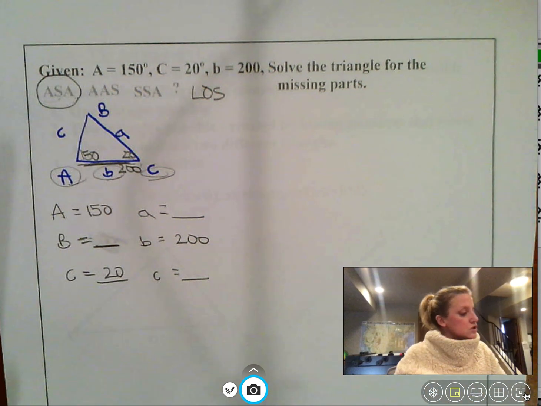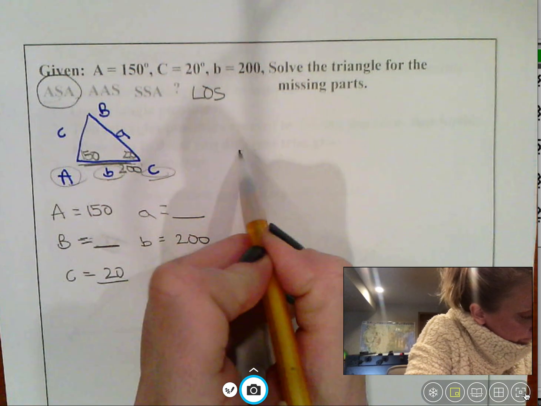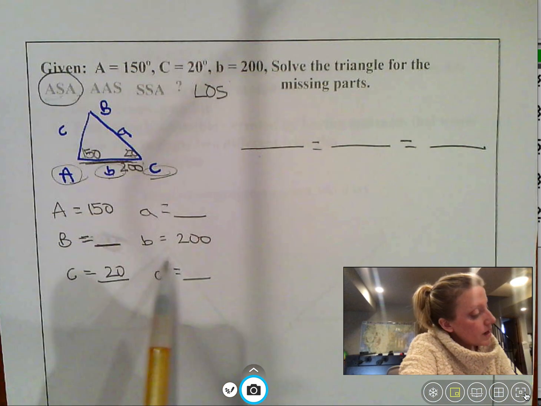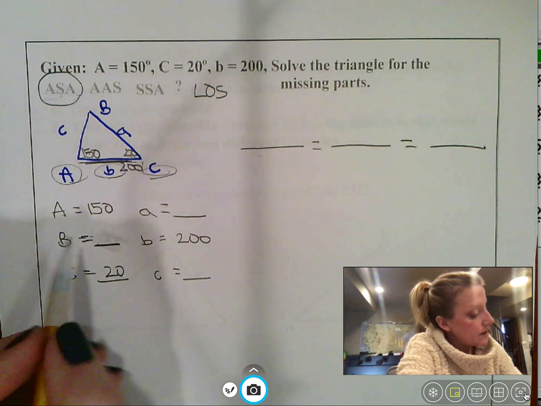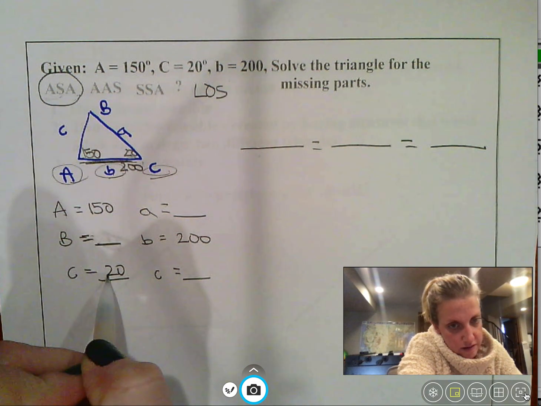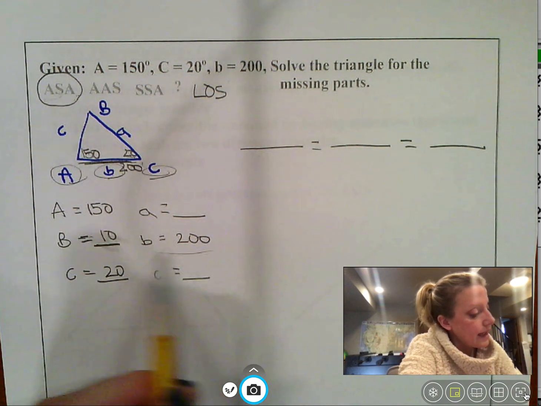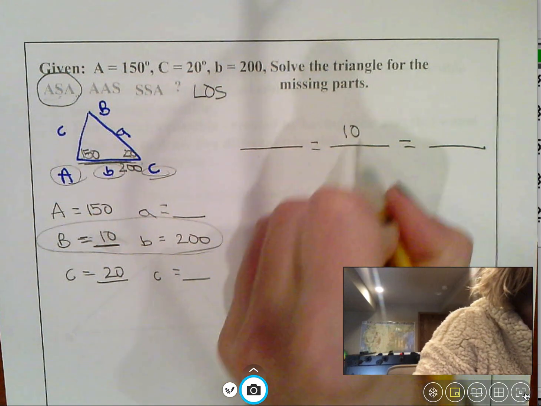Okay, so now we're ready, law of sines, to set up our proportion. Pick the one that you have information on both in the middle. Well, wait a minute. If this is 150 and this is 20, that adds up to 170. So that means angle B is 10. So it looks like angle B and side B is what I'm going to put in the middle.